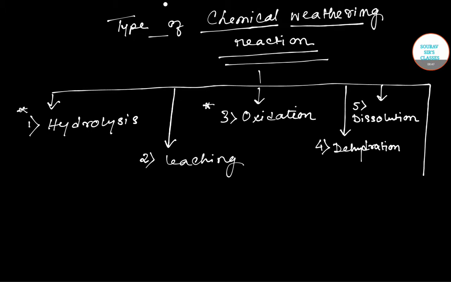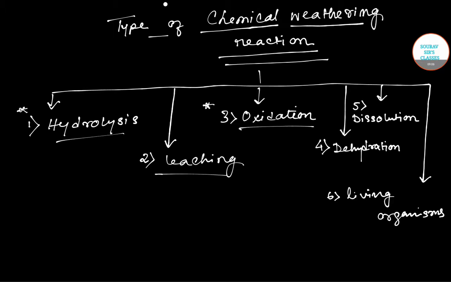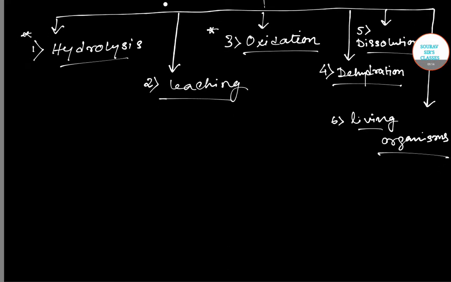And the sixth point is living organism. So these are the common six points: hydrolysis, leaching, oxidation, dissolution, dehydration, living organism. Now we have to see what these mean.